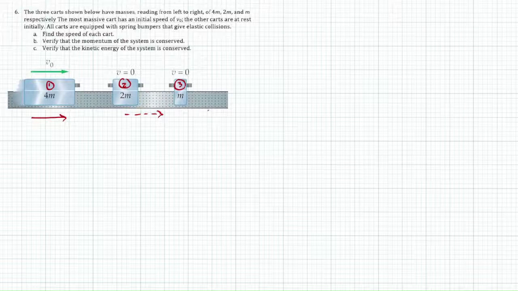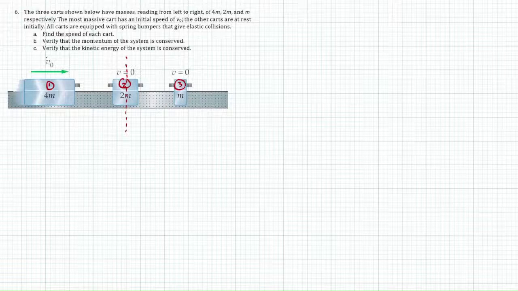So probably the best way to set this up is simply to make it into 2 different collisions. I'm going to draw a dotted line right down the middle right here.